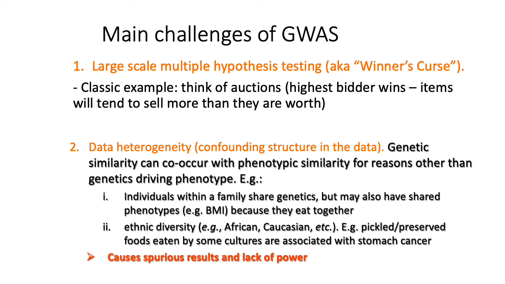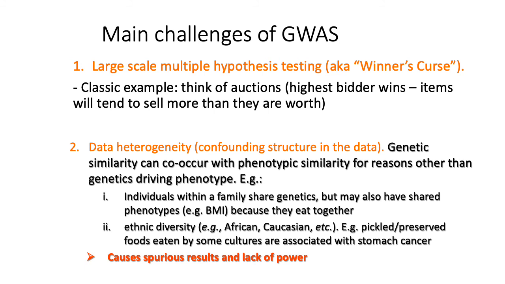And so when you do this association study, if there are some SNPs that are strongly associated with ethnicity, if they're only prevalent in Asians and not Europeans or vice versa, then those SNPs will look like they're associated with stomach cancer, even though, by and large, they aren't actually.